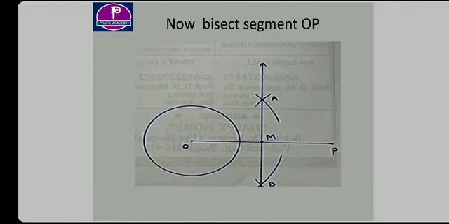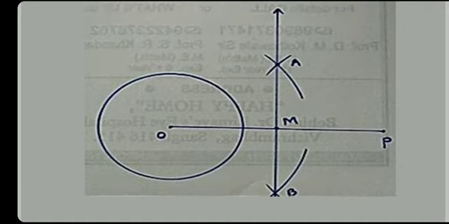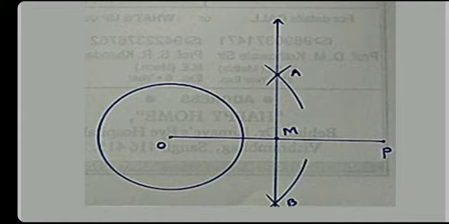The next step is to bisect segment OP by the same method as explained earlier. Then this line is the perpendicular bisector of segment OP, and it is intersecting at point M. So M is the midpoint of segment OP.